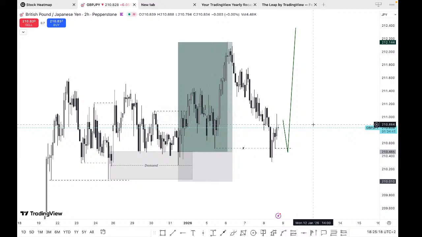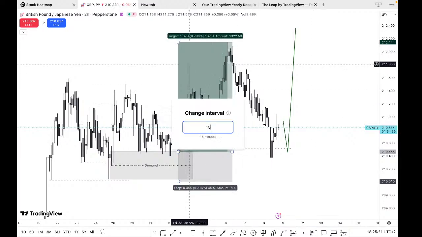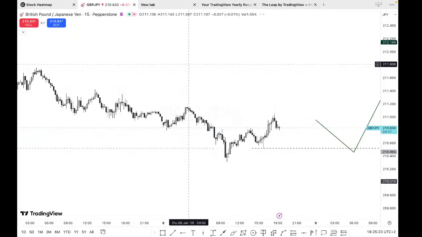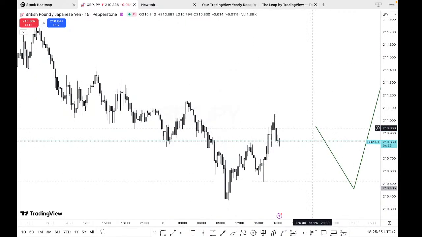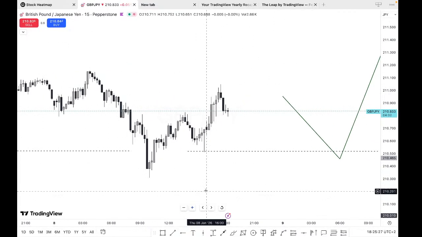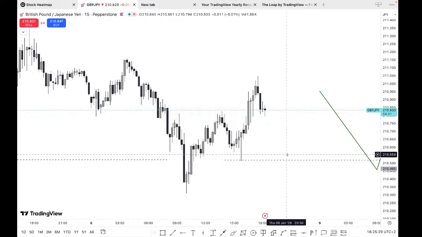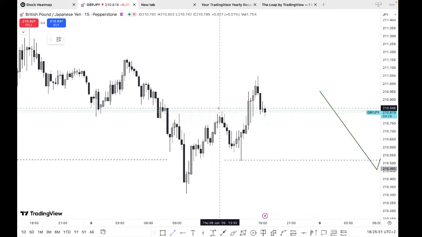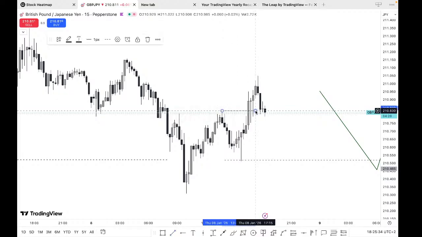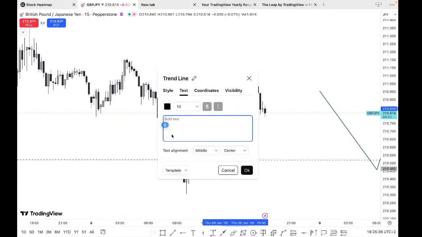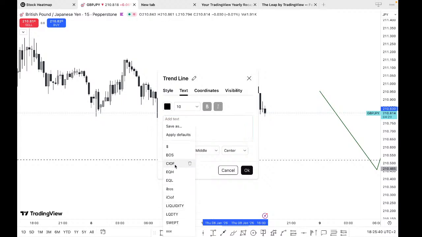So let's go to a much lower time frame. Let's do the 15. Oh, I'm so right. Lol. Yes, so wait for the market to sweep that liquidity right there. Because the market advanced towards the upside, giving you a break of structure here. So that is your BOS towards the upside, or changing order flow, whatever you want to call it.